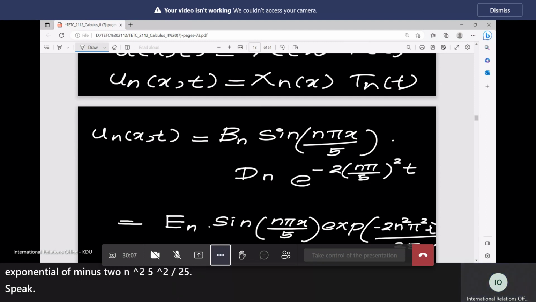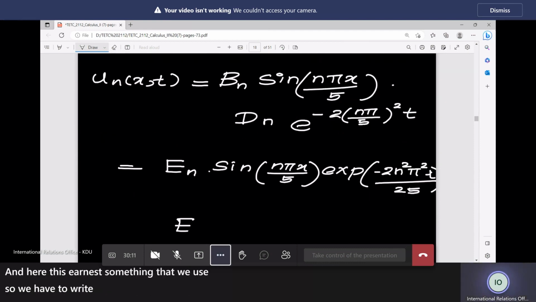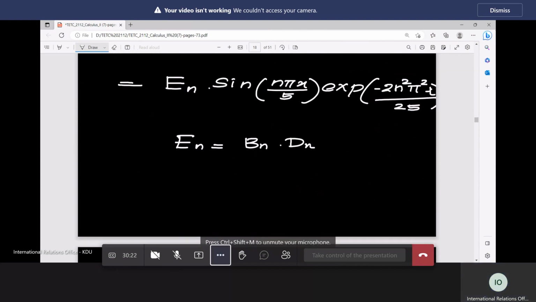Here En equals the product of Bn and Dn. This is the expression for un of x, t.